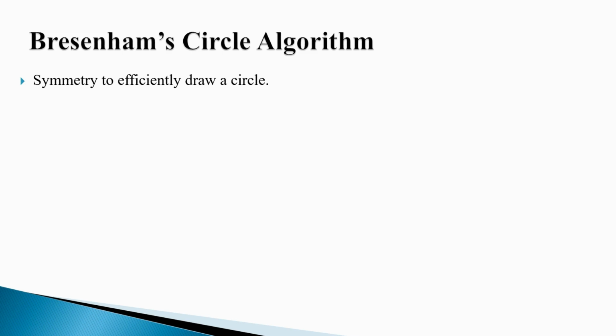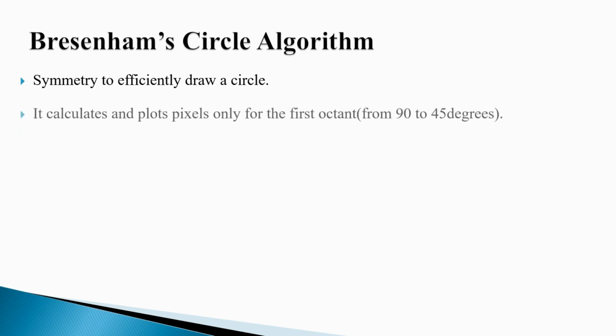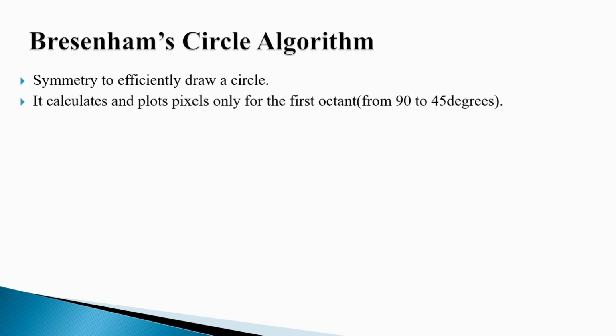Here we calculate the first octant, or you can say the first quadrant, and then it mirrors it and makes the circle. What does that mean? It calculates and plots the pixels only for the first octant, from 90 to 45 degrees, where x increments and y decrements.